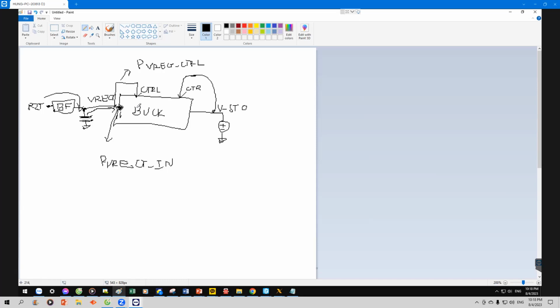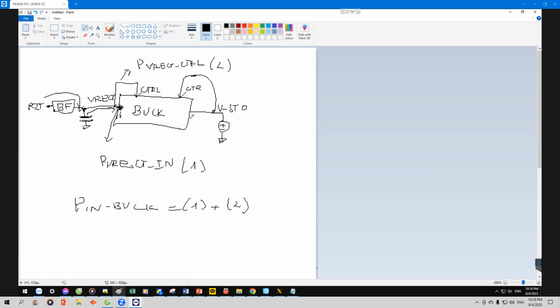So the total buck converter input power, P in buck, should be this plus this, right? Yes, one, two. This is the input power.